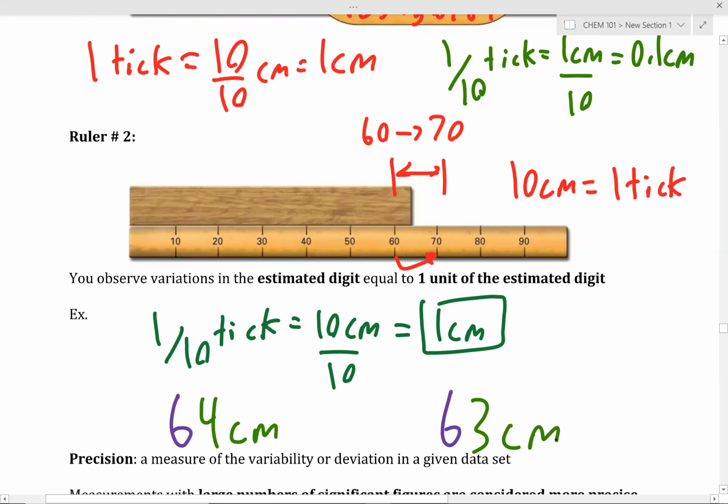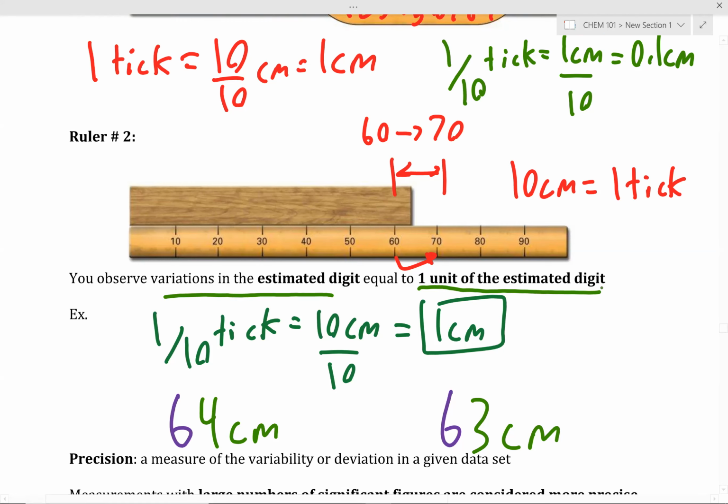Yep, that's also correct. And as we notice, we see variation in what digit? The ones place, which is called the uncertain or estimated digit. So we see variations in the estimated digit, typically of about 1 unit of the estimated digit.